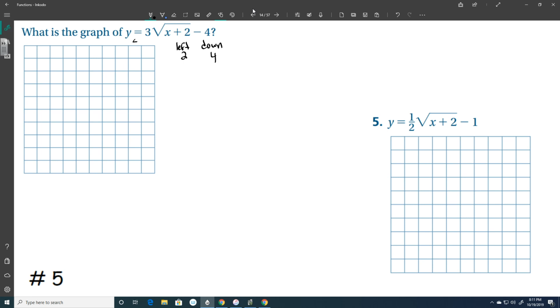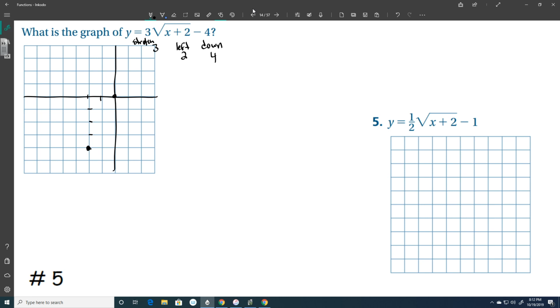And this 3 stretches me 3 up. So I'm going to go left and down. So I'm going to make my center over here just a little bit. And instead of starting at 0, I'm going to shift to the left 2 and down 1, 2, 3, 4.